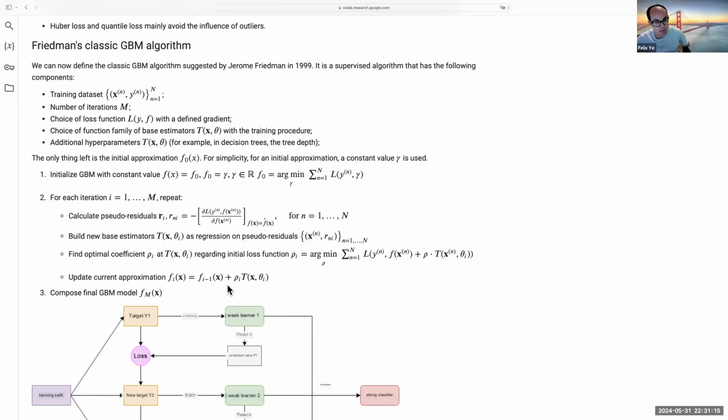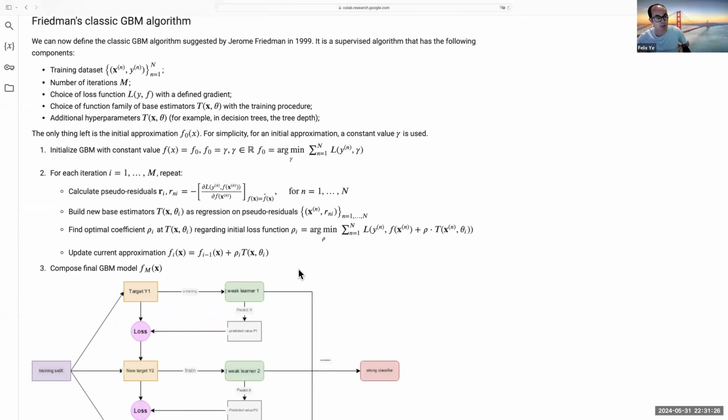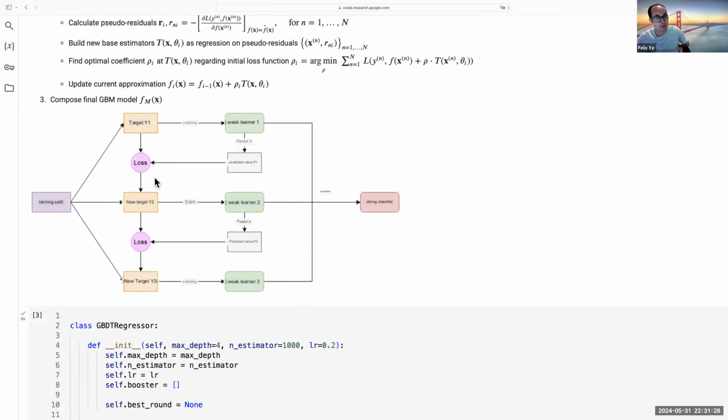Then we add rho_i and theta_i. Both rho_i and theta_i are just the optimal parameters that we found. This is basically the diagram, and this is the whole idea. At first we have a new target, the target y1.